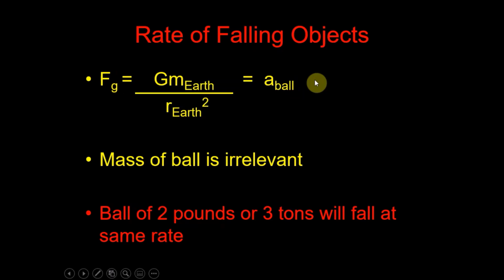And this is why you often see accelerations quoted as 9.8 meters per second squared for gravity, and we don't see things quoted so much in terms of force, because the acceleration can be applied to any value of mass if you know what the acceleration is on a particular planet. And so the mass of an object, a ball in this case, is irrelevant.